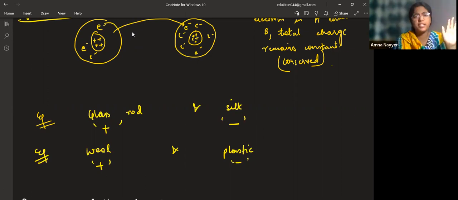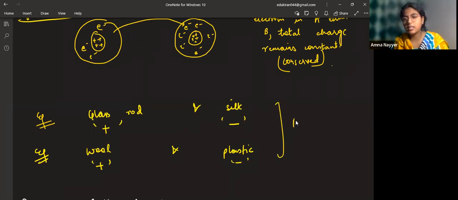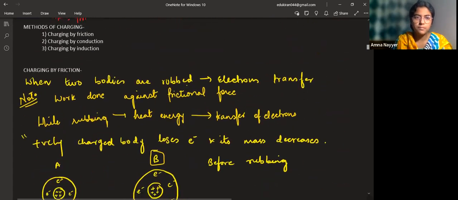This is by convention. It can be given to you in theoretical questions, because conceptual questions were asked in previous year board exams, and there also this has been mentioned. This occurs after they are rubbed. This is simply what is meant by charging by friction. Note down this part as well.